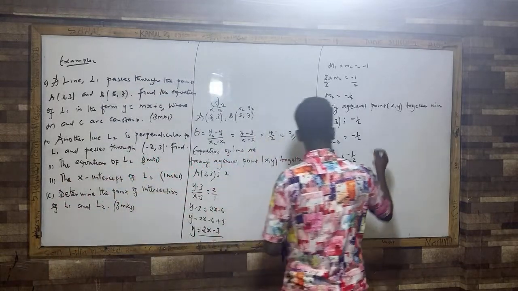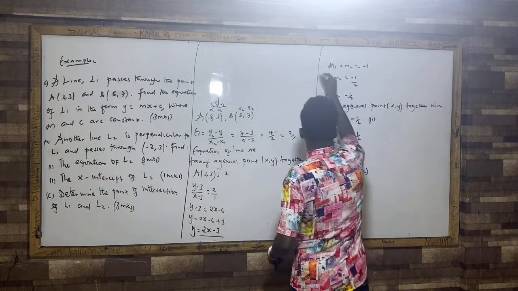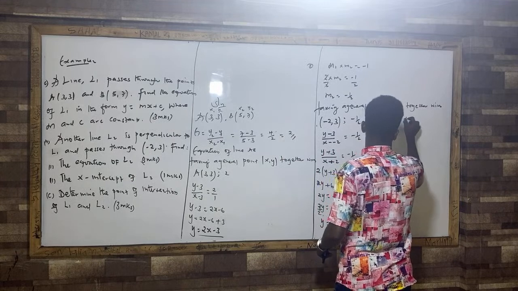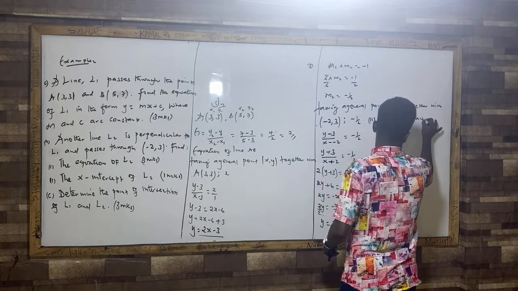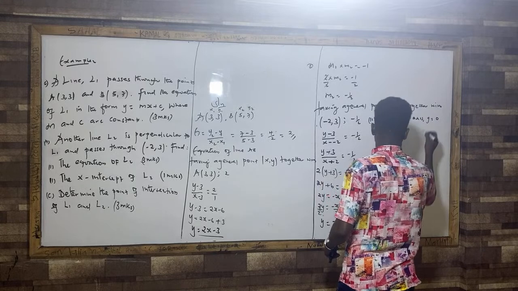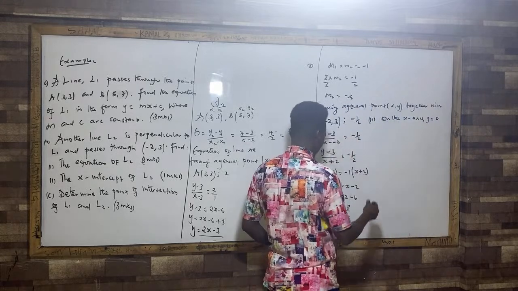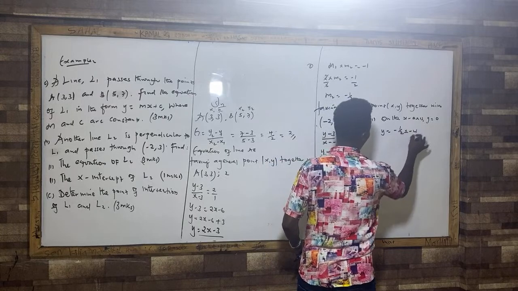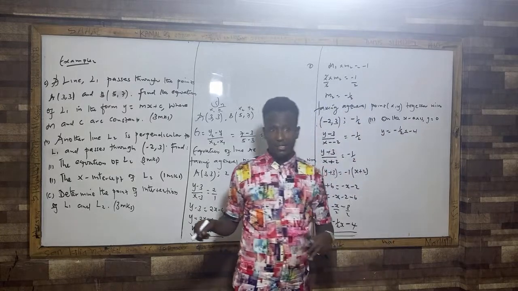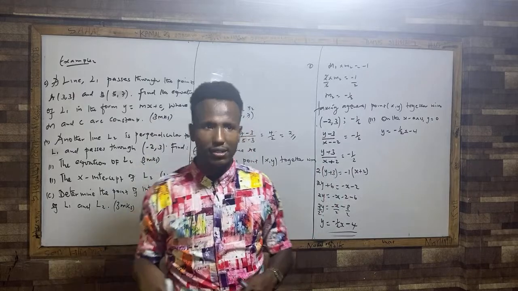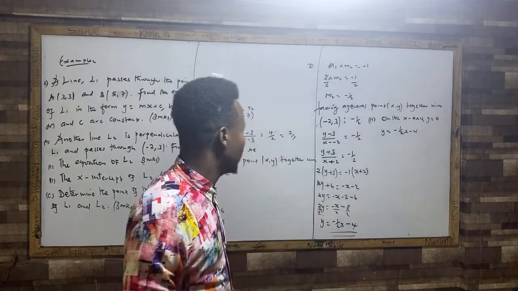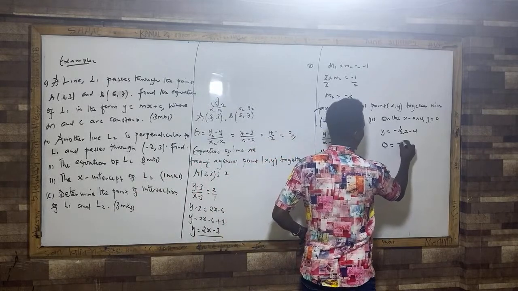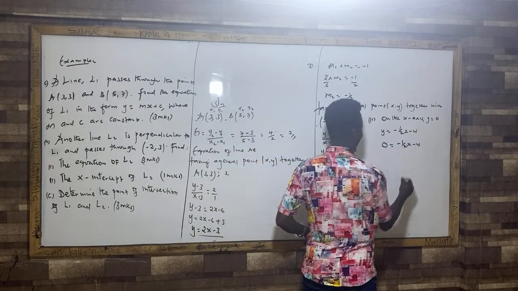So this is Roman 2, and this is Roman 1. We are going to say on the x-axis, y is equal to 0. So we say y is equal to -1/2 x minus 4. But on the x-axis, where the straight line cuts it, y is 0. So we substitute 0 here: 0 is equal to -1/2 x minus 4.